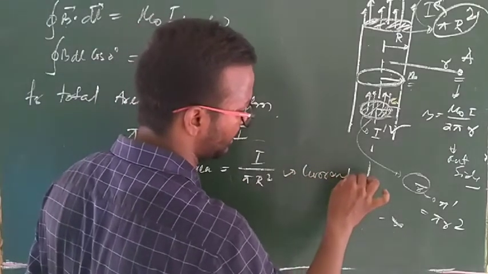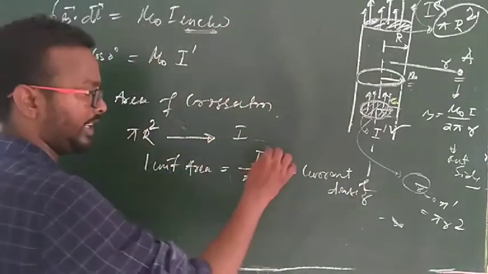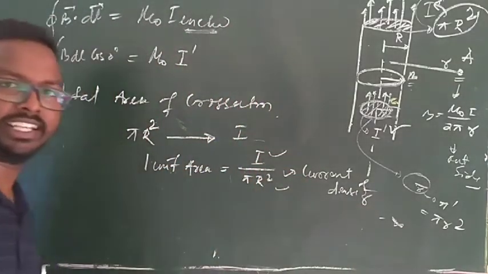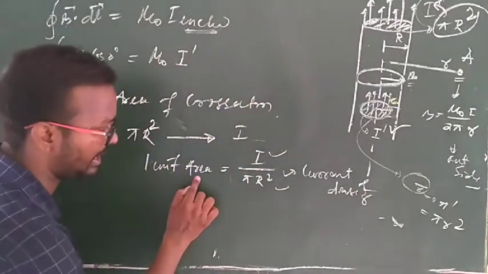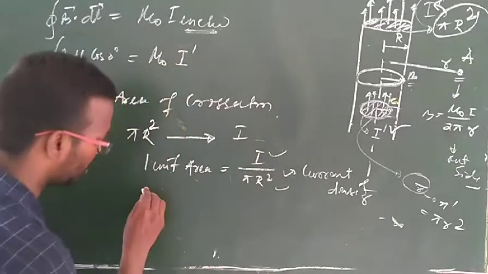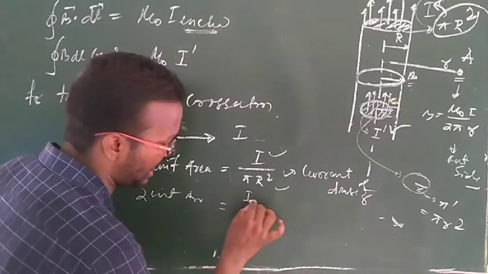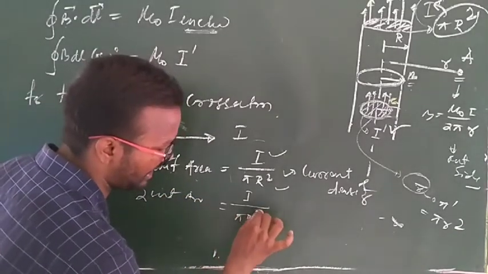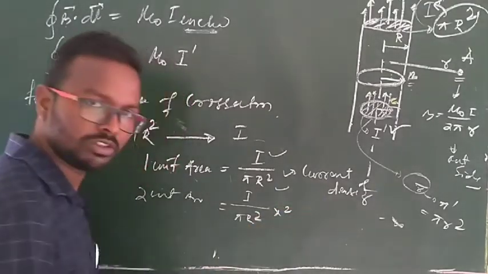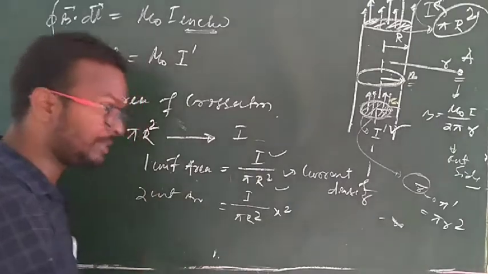You know what current density is? It is the current flowing through unit area. That means for 1 unit area the current flowing is I by pi r square. For 2 unit area, I by pi r square into 2. For 3 unit area, I by pi r square into 3.